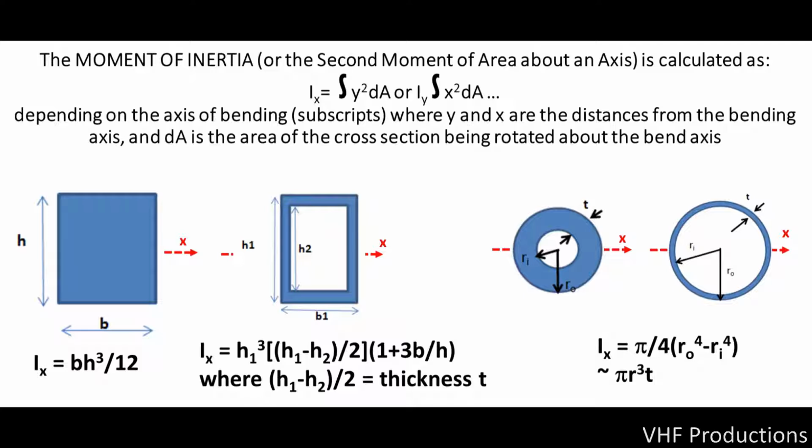In each case here, the value of I, the moment of inertia for the different geometries, is given by the equations below each figure. In the case of the solid rectangle, the moment of inertia is quite simple. It's the base b times the vertical dimension h cubed divided by 12.